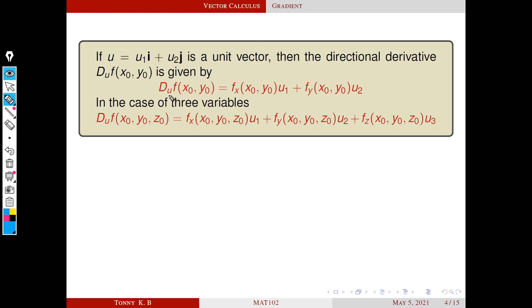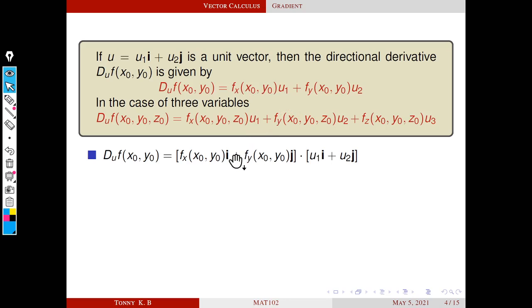We have seen this representation of directional derivative: if you use a unit vector u and (x0, y0) is a given point, then the directional derivative of the function f at this point in this direction is given by this formula. We can rewrite this in terms of a vector product, that means the dot product in vector calculus.